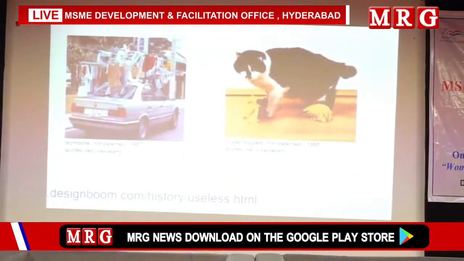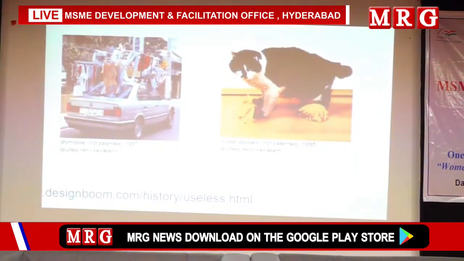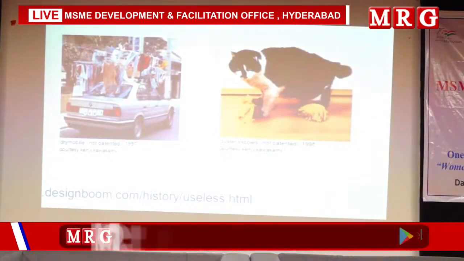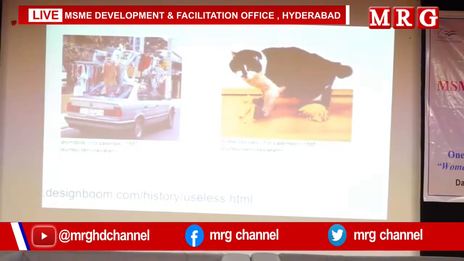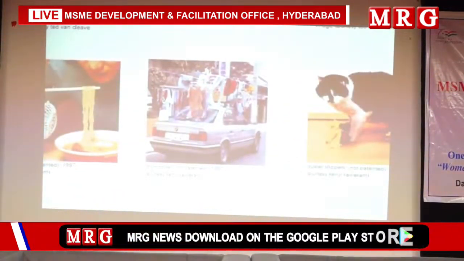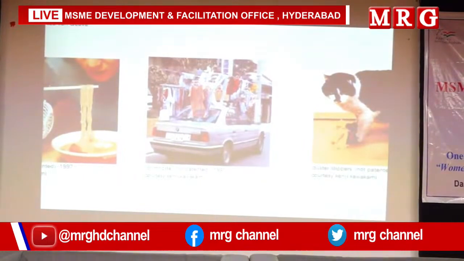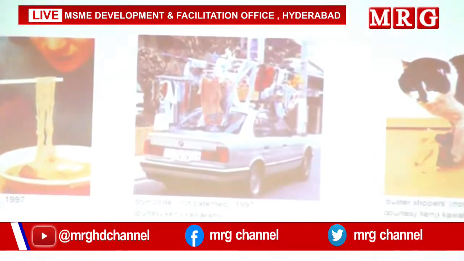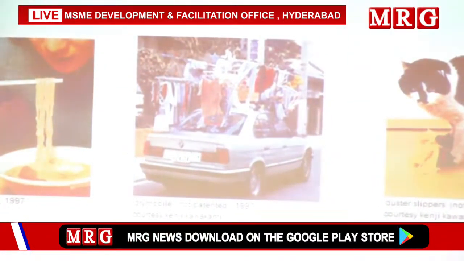Then these duster slippers. There is no science involved in this, right? Some functionality. It shouldn't be stupid and shouldn't be frivolous. Dry mobile, a moving hanger for drying your clothes.